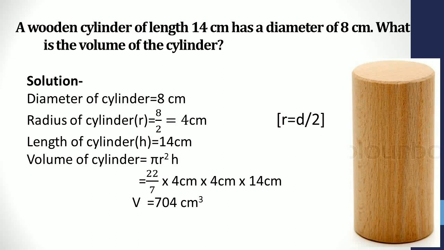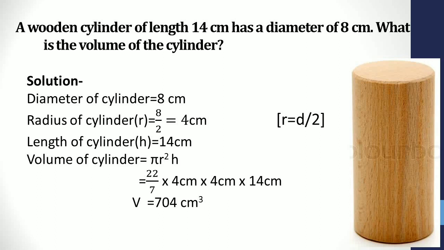Now we have the radius and height, so directly we will put the values in the formula of the volume of cylinder, and the formula of the volume of cylinder is pi r square h. Clear? So the value of pi is 22 upon 7. R square, that means 2 times we have to write 4 centimeter: 4 centimeter into 4 centimeter into height, and it will be 14 centimeter.